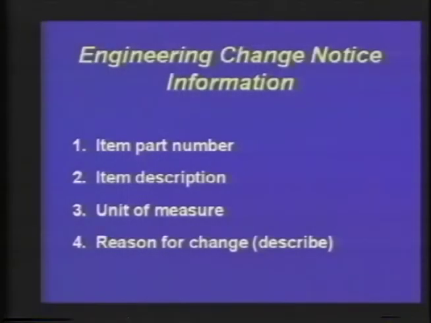The reason for the change, now that's something that we'd have to record. Are we making a change because we can, let's say, have additional operational life, or maybe it's a cost reduction application, or we're having another item introduced into that particular piece of equipment that is going to increase the speed and the feed, the quality of the product if it's a manufacturing piece of equipment, and so forth.